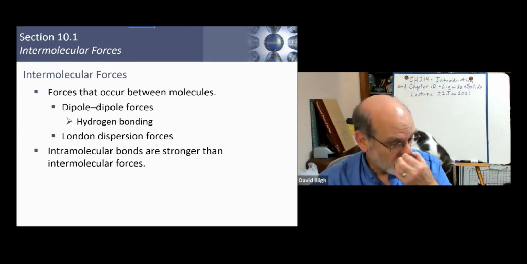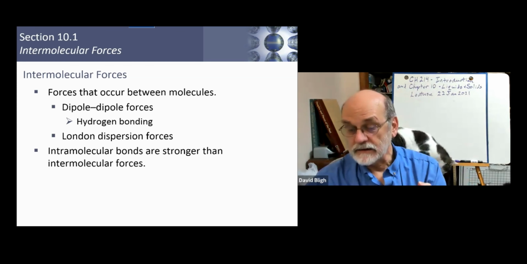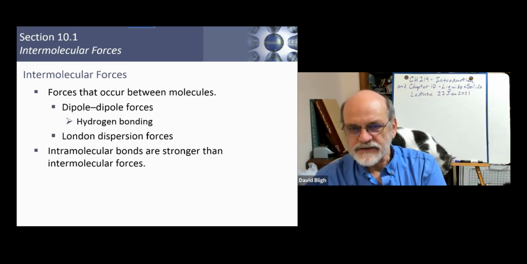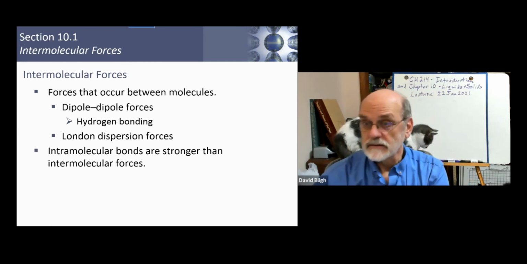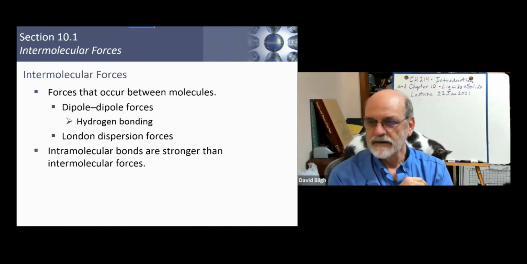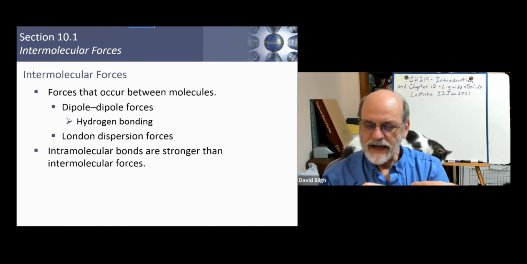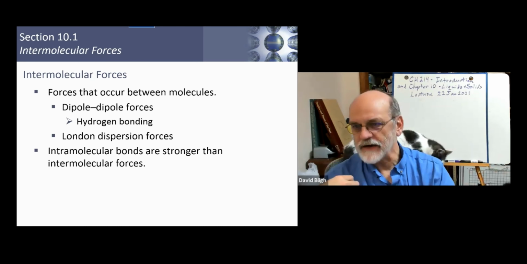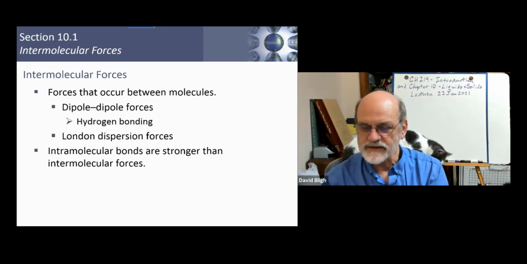A dipole, I think of a magnet. A magnet has a north and a south pole. It's not electrostatically charged, right? Otherwise, if you touch one end, you get a shock. It just has north attraction, south attraction. So south attracts north and north attracts south.